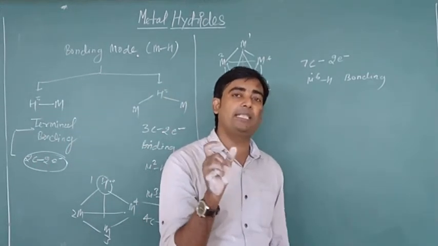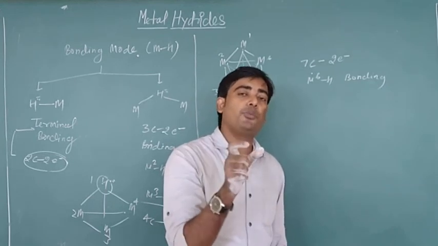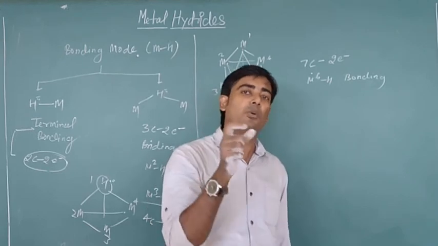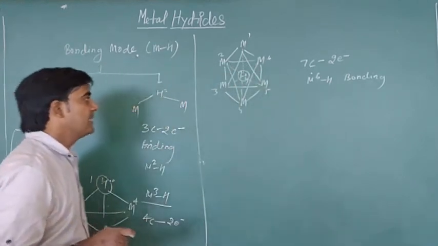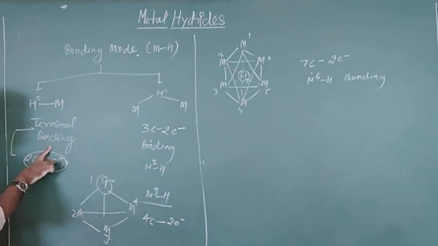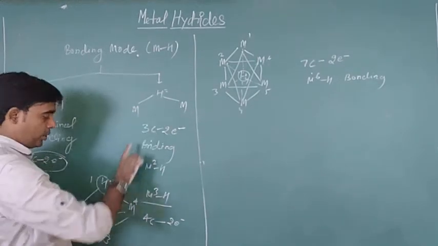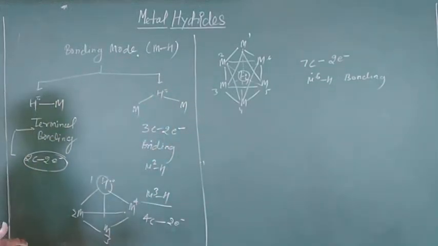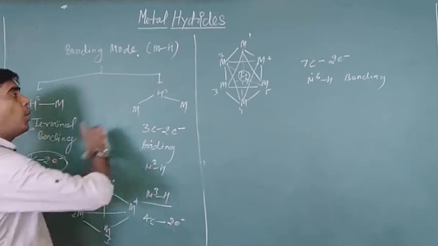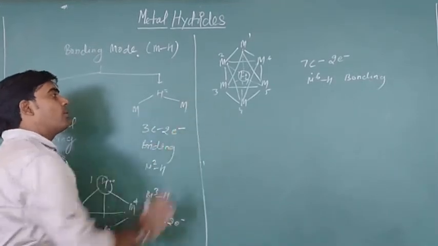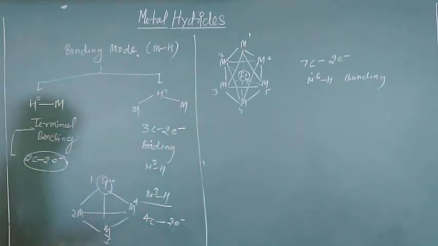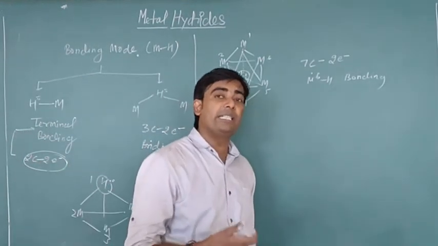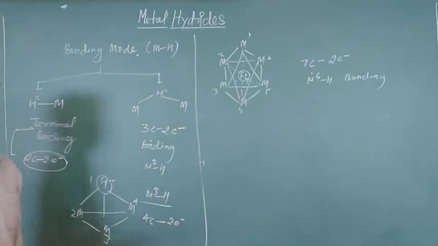There is one point: which hydride will be more acidic and which will be less acidic? This is a terminal metal hydride, and these are bridging metal hydrides. But if we compare all the metal hydride complexes and try to make an acidic order of these hydrides, how can we make it?